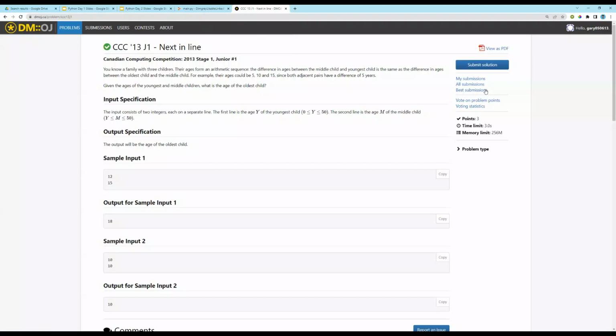That's why your code didn't pass, because you just did the sample input, but your logic is completely correct, because you did the age gap and then you did the oldest child.